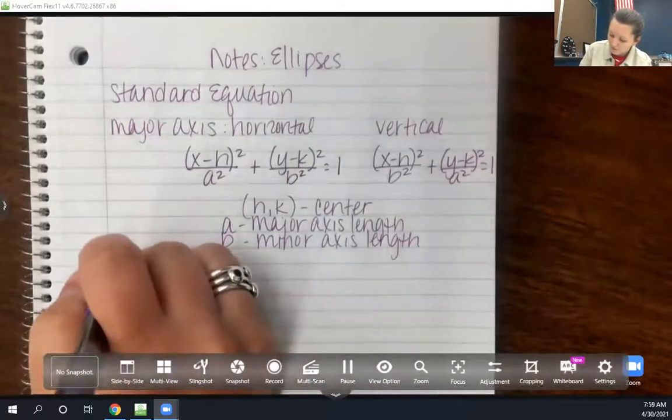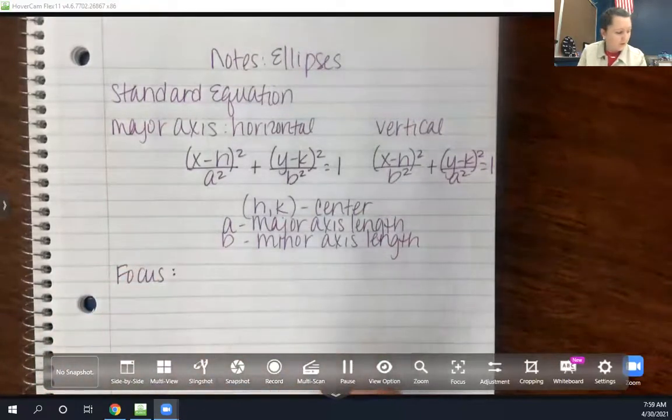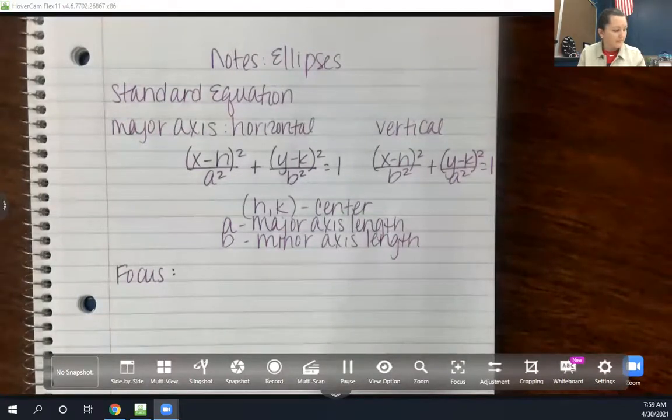So here's some more vocabulary. Here's our focus. And the focus of an ellipse, let's write this definition down.